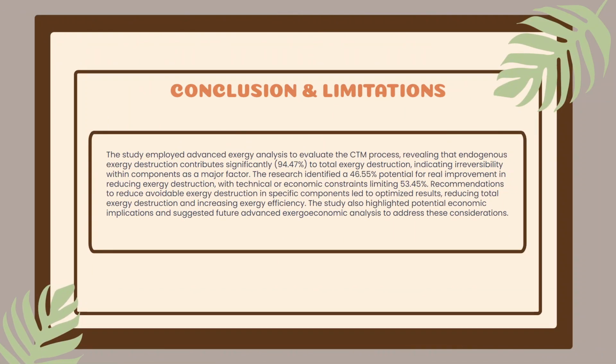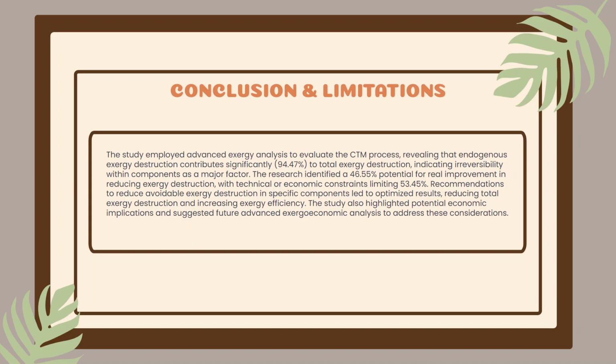So overall, our study utilized advanced exergy analysis to assess the improvement potential and interactions within the CTM process. Conventional exergy analysis resulted in a total exergy destruction ratio of 33.38%, but lacked further details of the exergy destruction types.